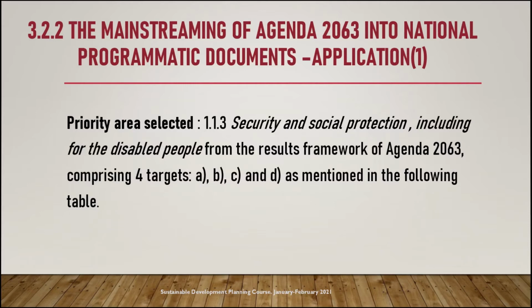So to do that, we have chosen an example to see how this exercise can be performed. And here we have chosen the priority area 1.1.3, security and social protection, including for the disabled people, from the result framework of Agenda 2063, which comprises 4 targets, A, B, C, and D, as you can see in the next table.